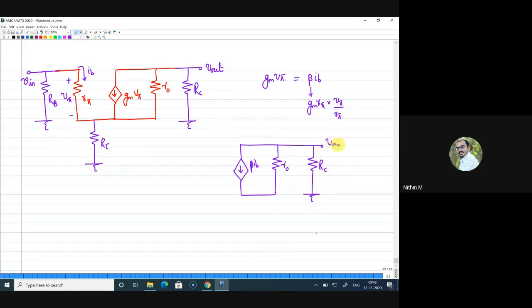That is the reason we have taken the same model here. Now this is RE and this is R pi. For the time being, I'm keeping RB away because RB is anyway coming across V in only. So I'll mark this as V in. I'll keep it away just for the ease of the analysis.